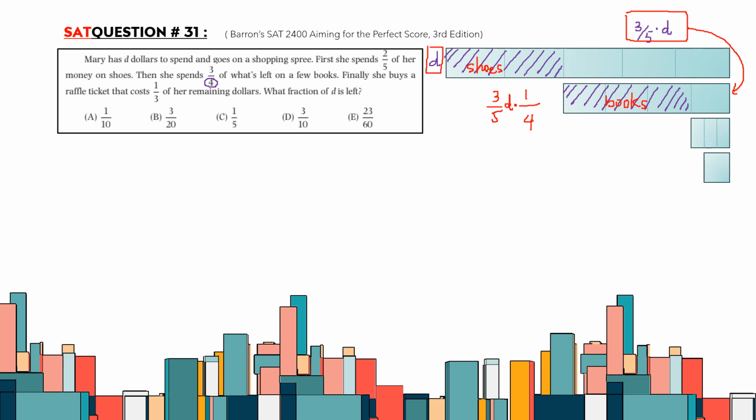Okay, now next, from the remaining, we divide into 3 parts, right? So this remaining part right here, let's erase this one.